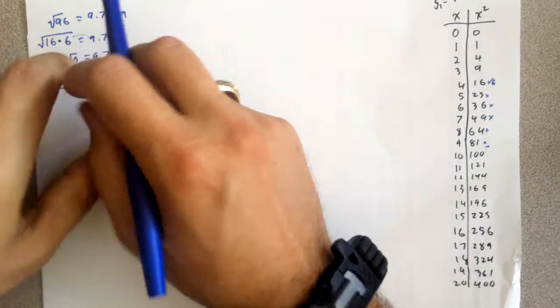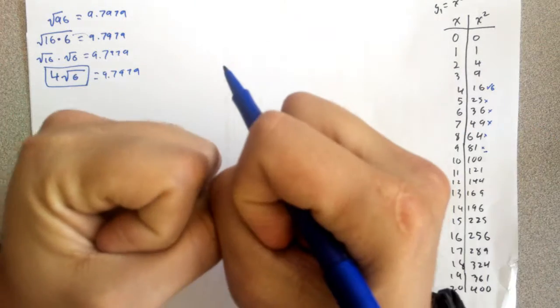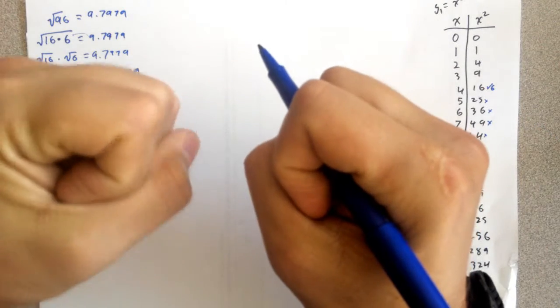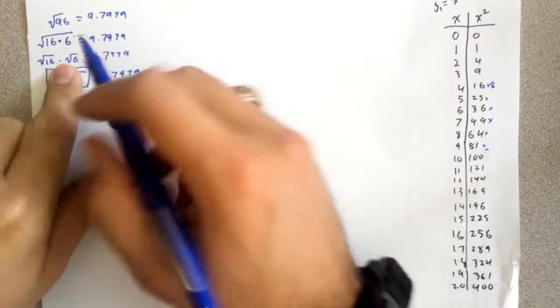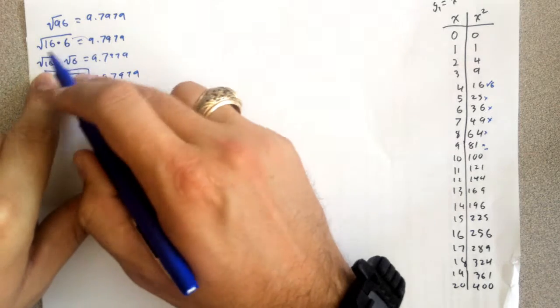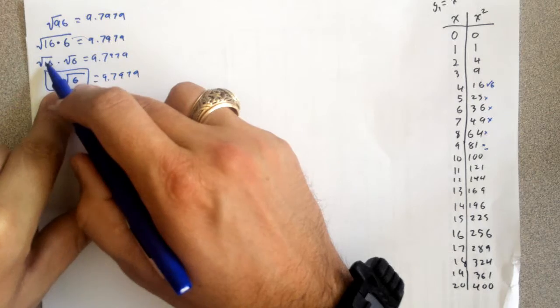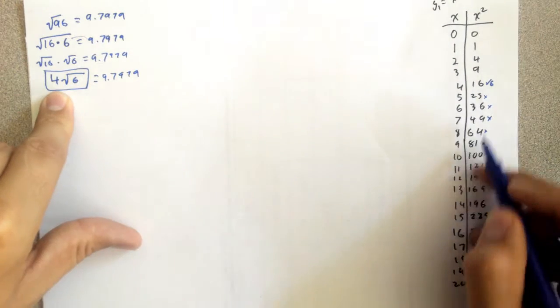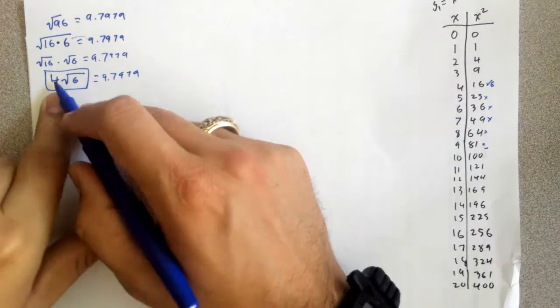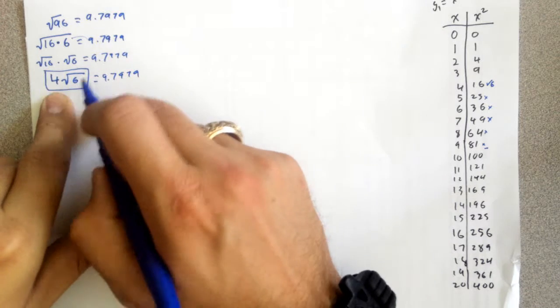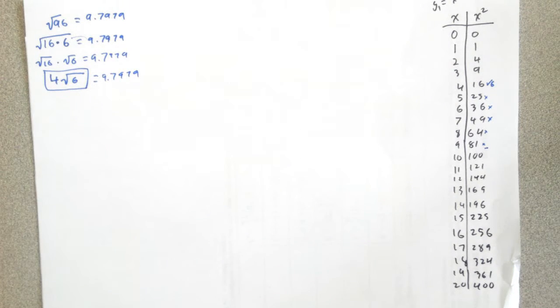Basically, we took 96 and separated two pieces that multiplied together to get 96. One just happened to be a whole number. Then we separated that into two radicals, two square roots, and we knew one was a perfect square because we listed all our perfect squares. That's why we looked for 16 in here, and that became the 4. And that's how we simplify the radicals.